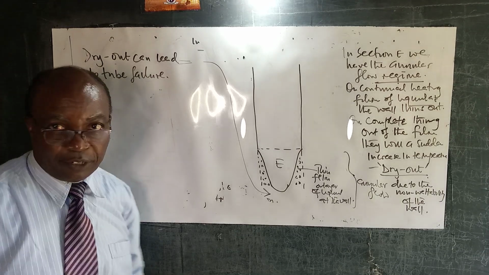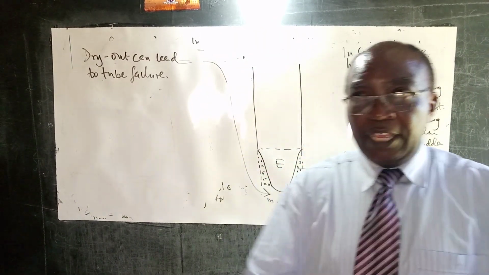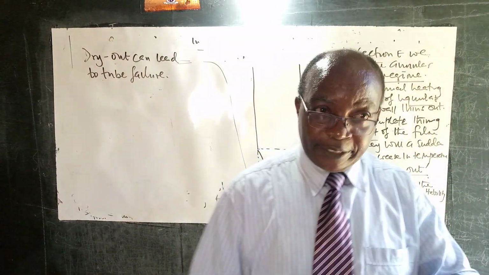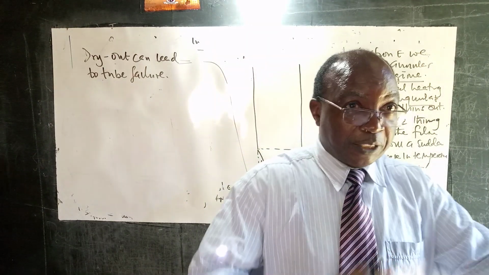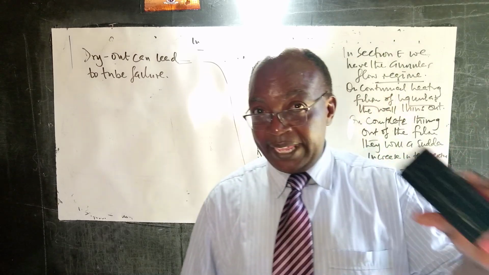This can have very serious consequences. If, for example, you are dealing with the boiling water nuclear reactor, that can be a very serious consequence. So one needs to be able to predict precisely the possibility of the system undergoing dry out.